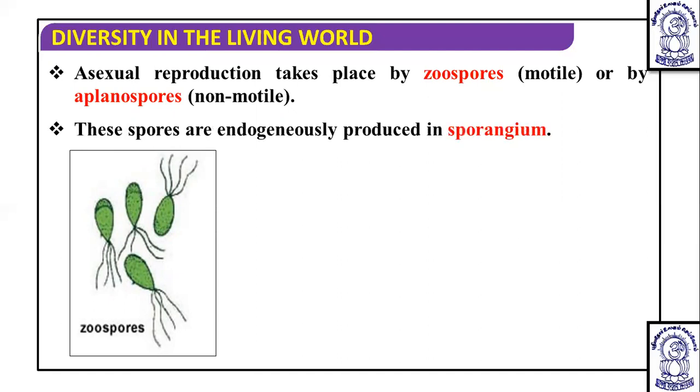One more thing, these zoospores or aplanospores are produced endogenously within the sporangium. We have discussed that both are formed in favorable conditions. The difference is zoospores have flagella, so they are motile, and aplanospores do not have flagella, so they are non-motile. And one more difference is that zoospores are wall-less, and aplanospores are thin-walled.